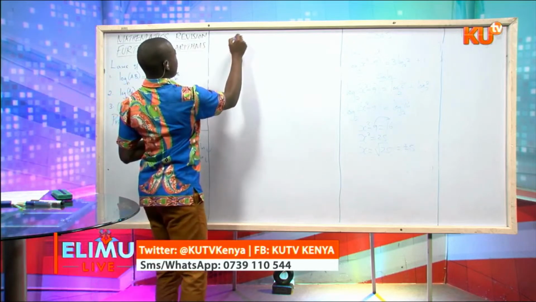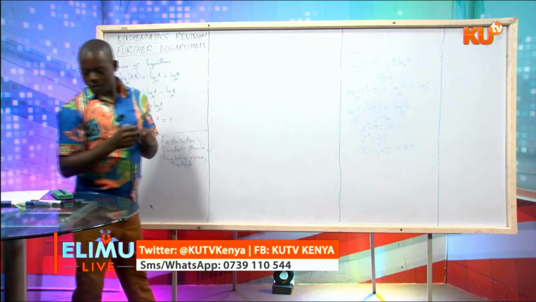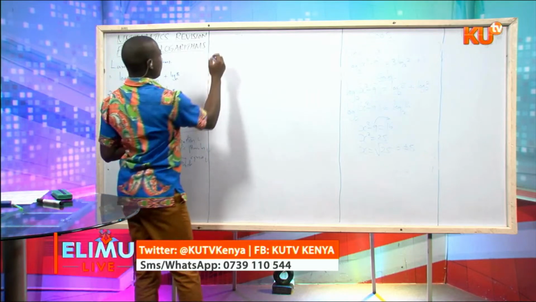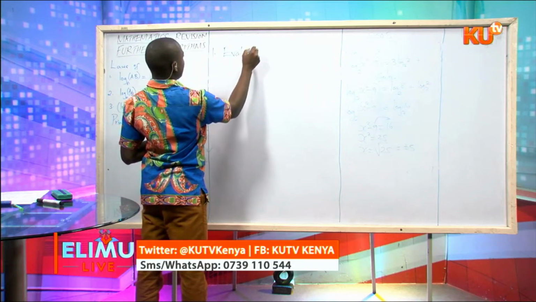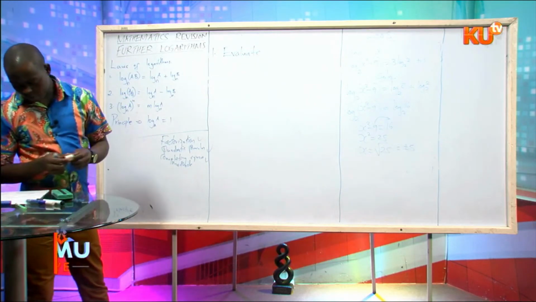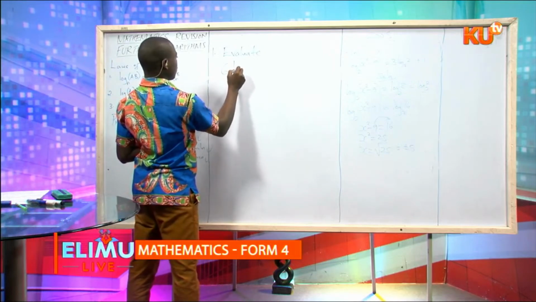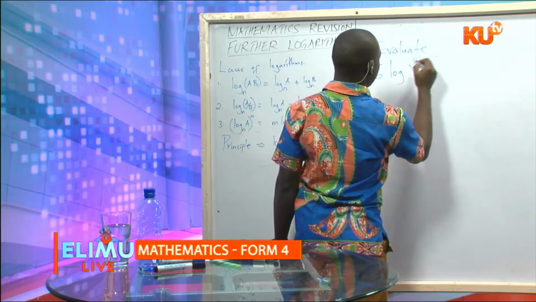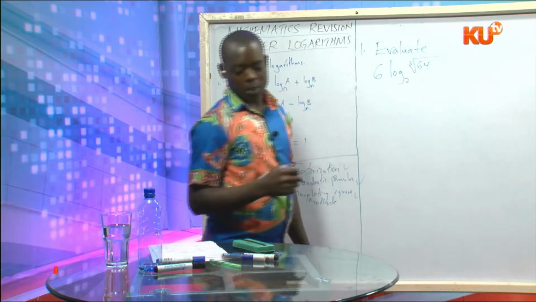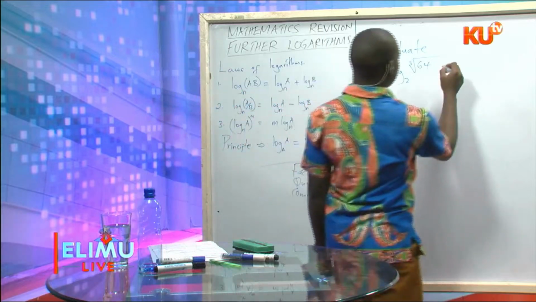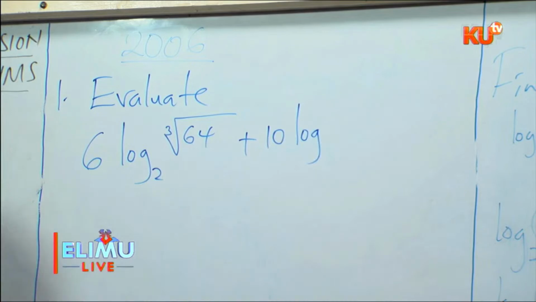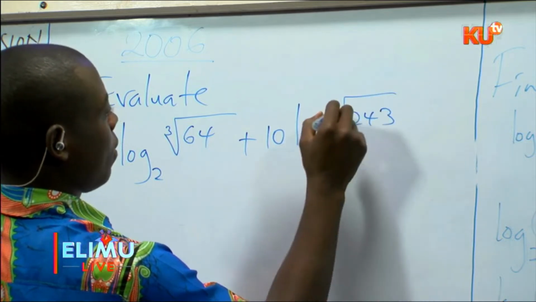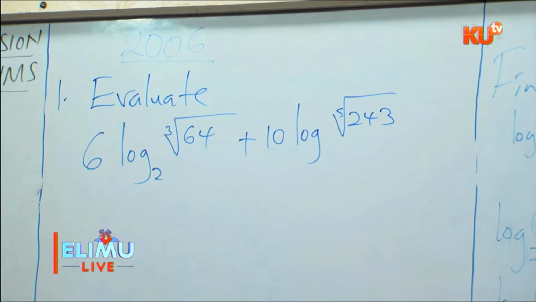We are told to evaluate 6 log cube root of 64 base 2, plus 10 log fifth root of 243 base 3, then we have 2.